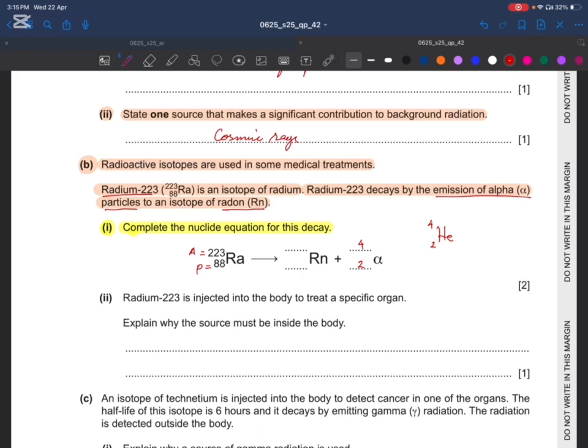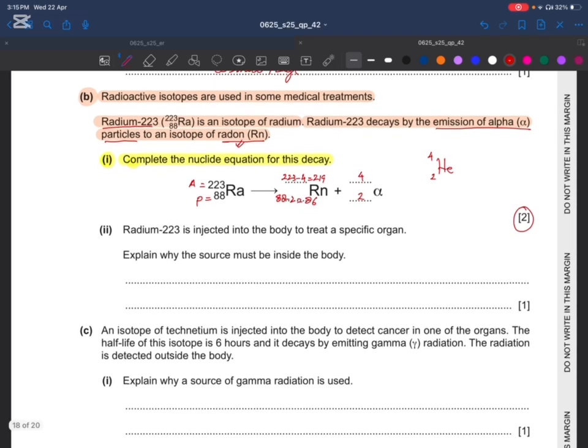And simply when you are getting radon, the nucleon number of radon will be 223 minus 4, which is nothing but 219. On the other hand, as far as the proton number is concerned, here you can write 88 minus 2, which is nothing but 86. So when you write these two figures, you will get 2 marks.